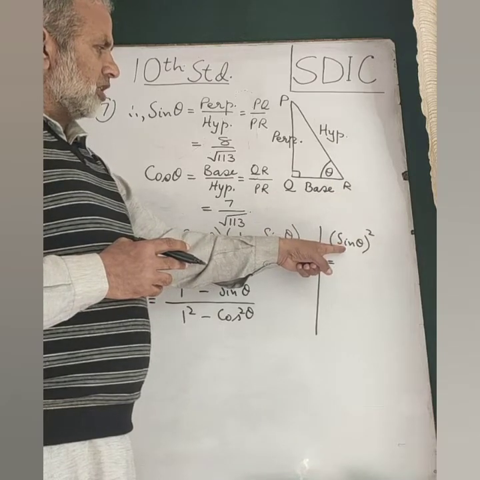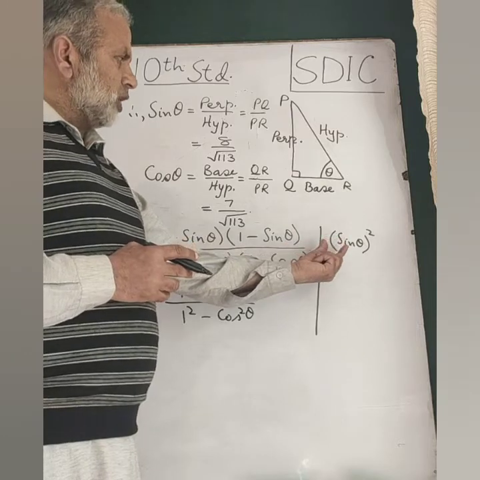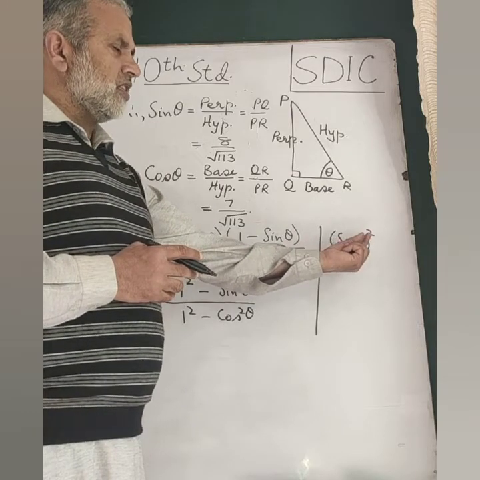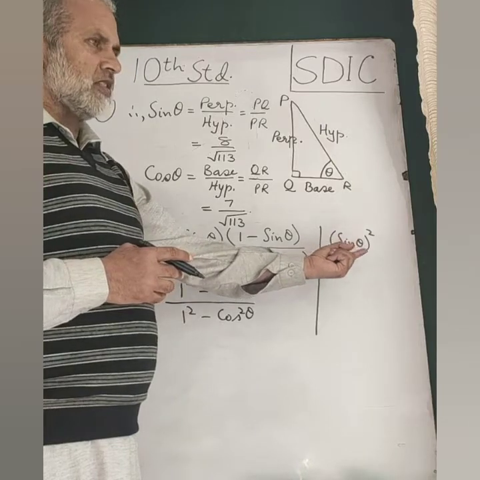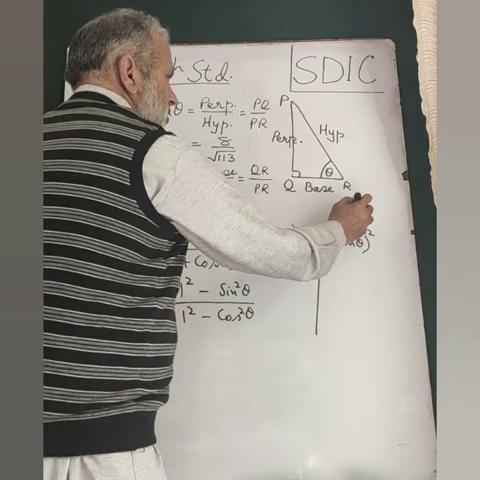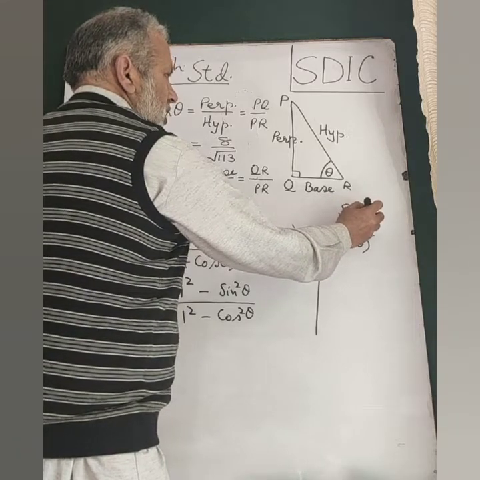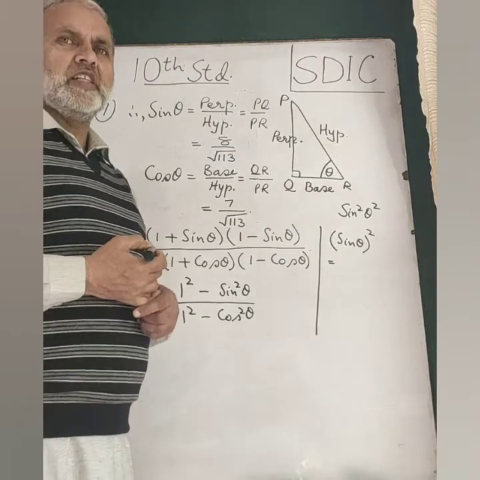Had it been the product of sin and theta, then this square would belong to both sin as well as theta. Then we would write it as square of sine and square of theta. We would write it like this then, had it been the product of sine and theta.